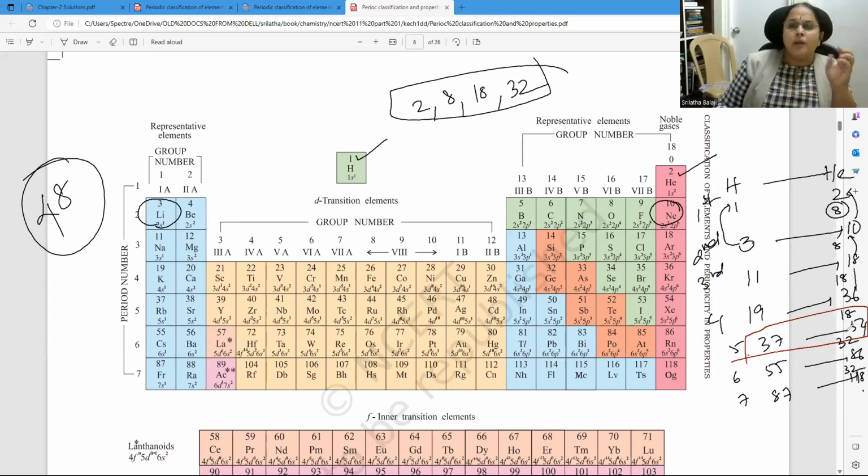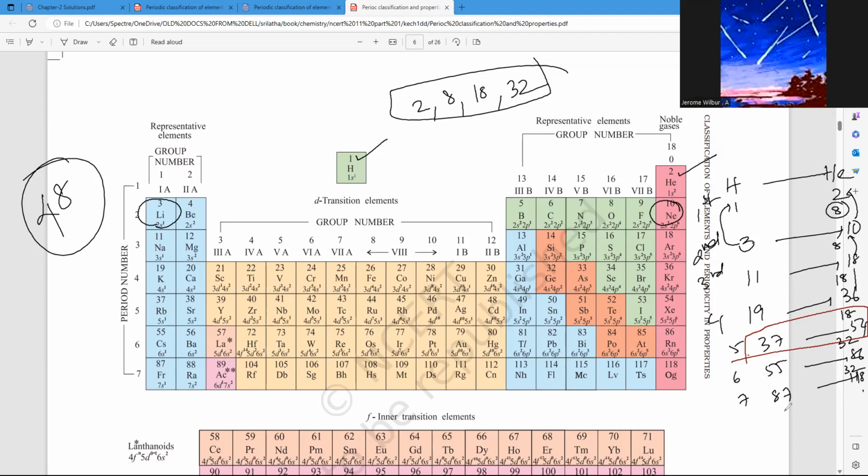An element with atomic number 92: I just asked you period, I didn't ask you group. 92 falls in which range? 87 to 118.